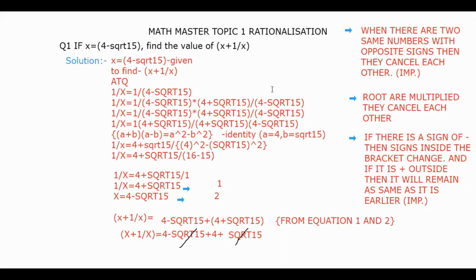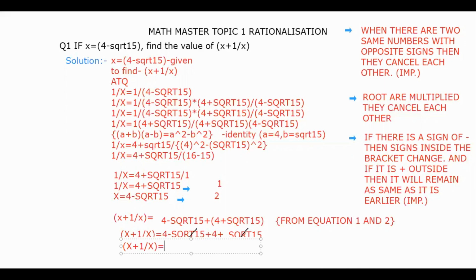Okay, now let's begin here again. I hope you have understood till here. Now x plus 1 divided by x equals, now minus square root 15 is cancelled with square root 15.